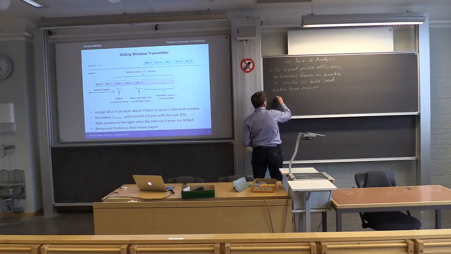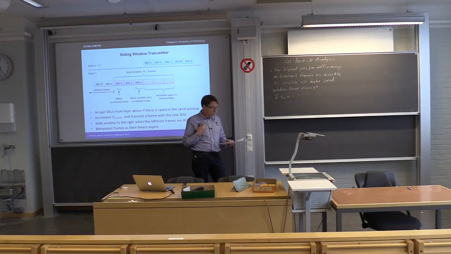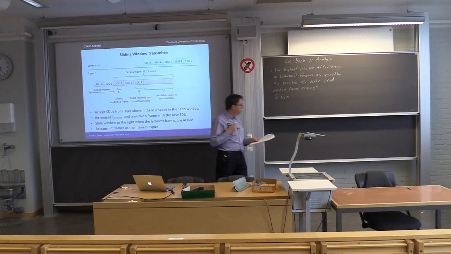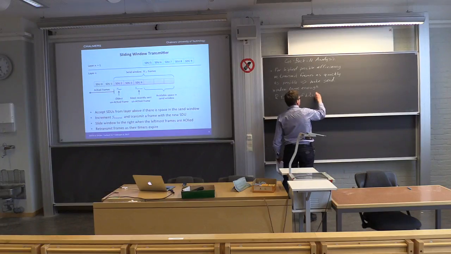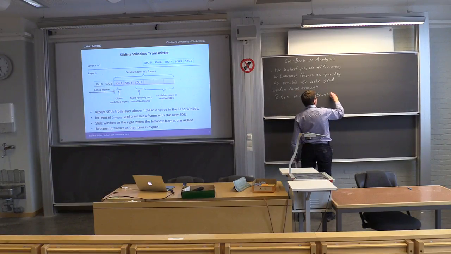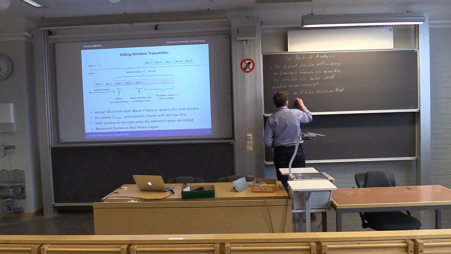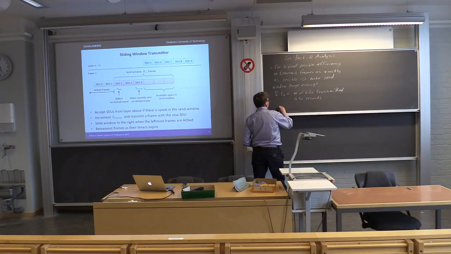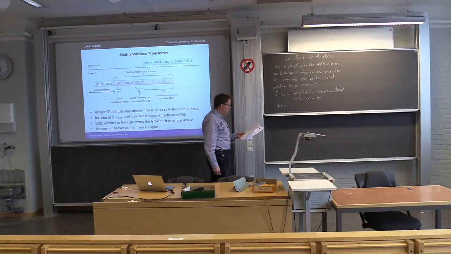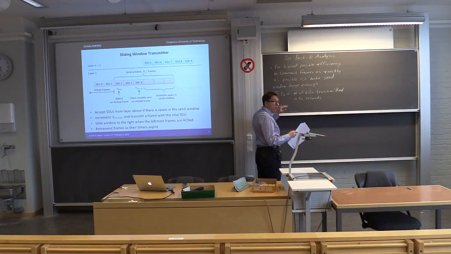Well, if we take R times T0, this is the number of bits that can be transmitted in one reaction time. And this corresponds to N frames, where capital N is just a division between this number and the number of bits in a frame.